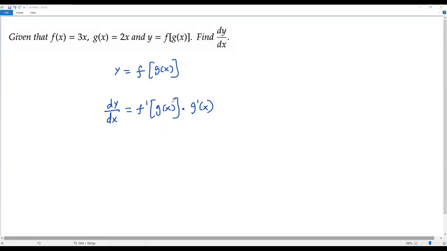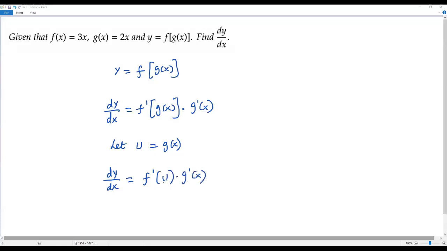If I have a single variable over here, I can find the derivative of f easily. So for that, I'm going to assign a new variable u for this complete function g of x. So let u equals g of x. Then dy over dx equals f prime of, instead of this g of x, now I can plug in u. So then I'm getting f prime of u times g prime of x.